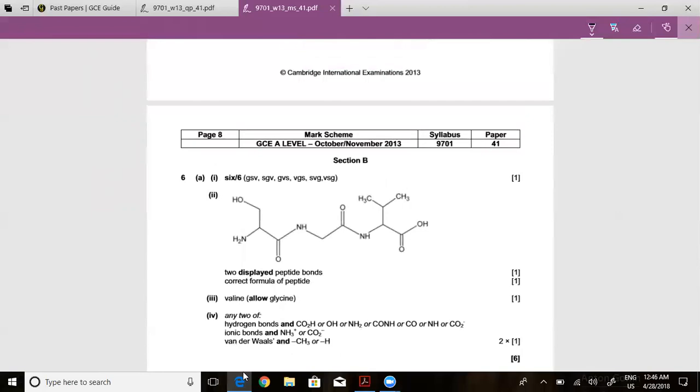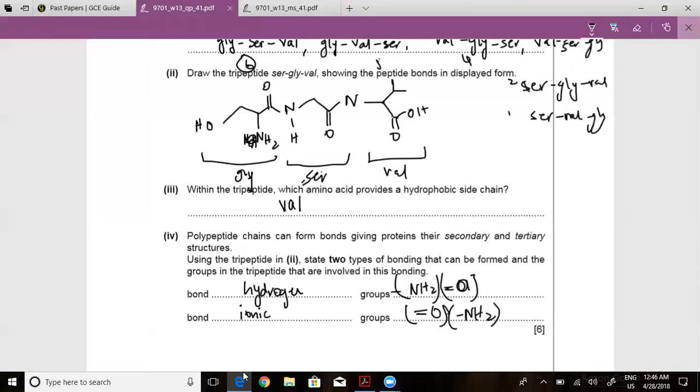Basically whatever you write, it's still going to work. Ionic bonds, which is NH3 plus and CO minus, so I should rather write NH3 plus. I think that's a better way, because in ionic bonds you need to form the ions first, and then ionic bonding happens between them. So this is CO minus.